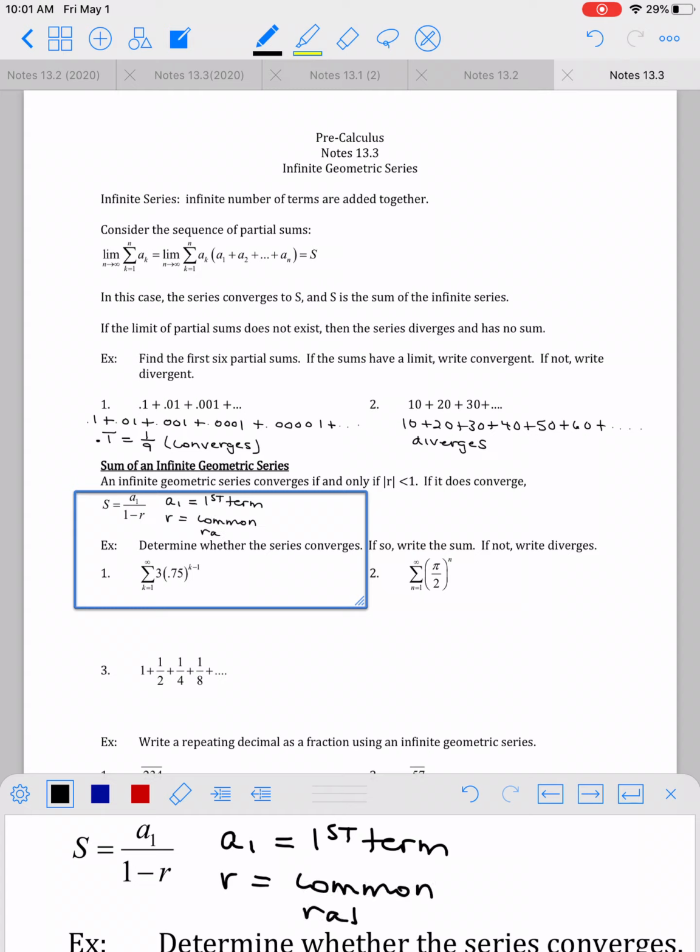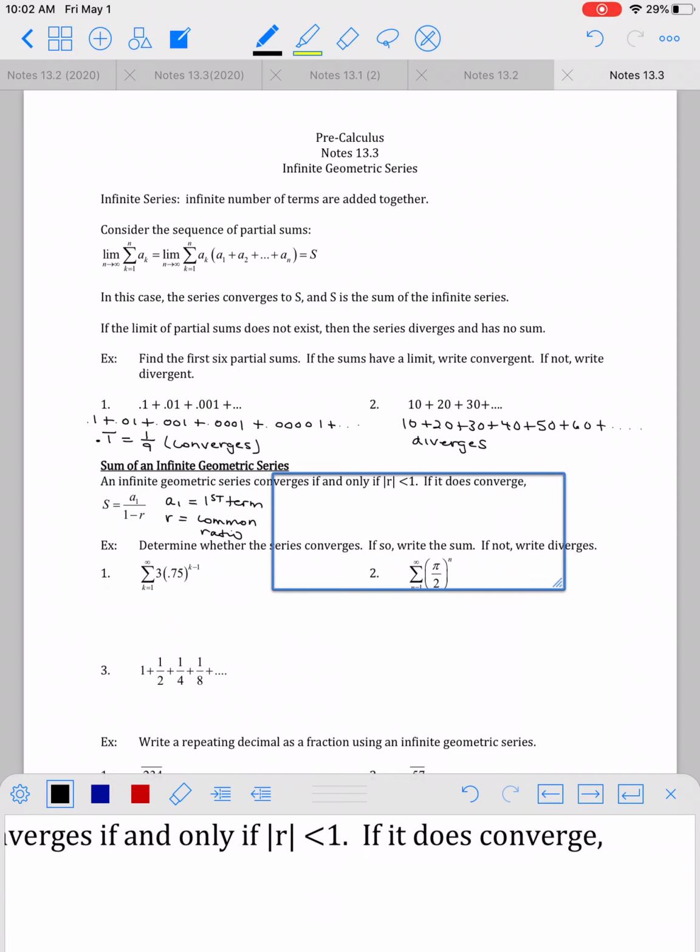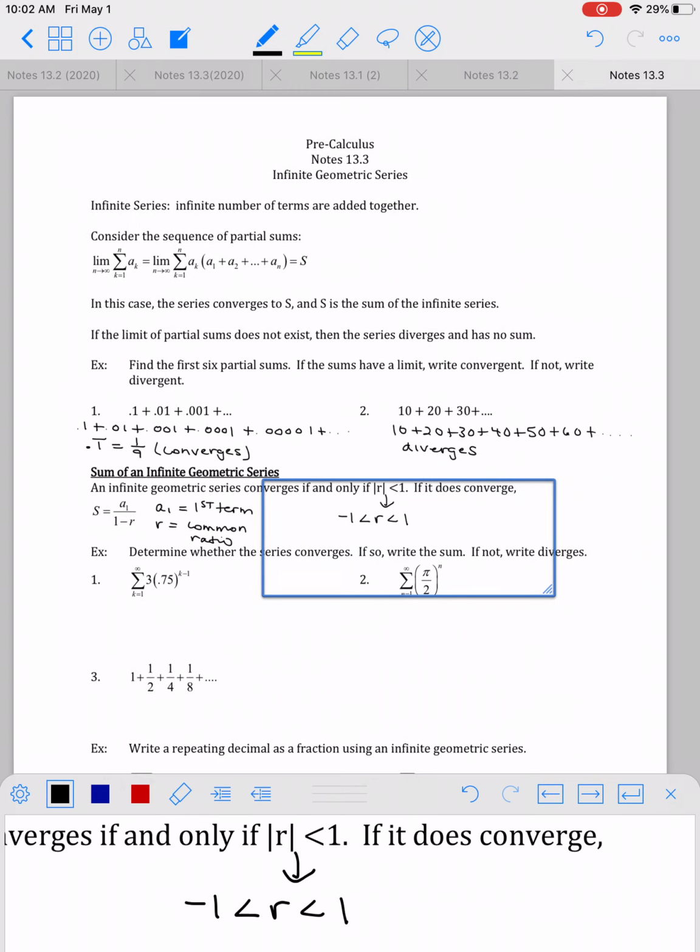And each time we work with this, we're going to have to test the common ratio, because the absolute value of r must be less than 1, meaning our common ratio has to be between 1 and -1. If it is not, then our series will not converge because it doesn't have a sum.